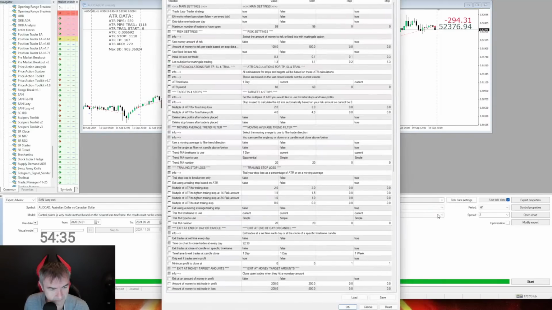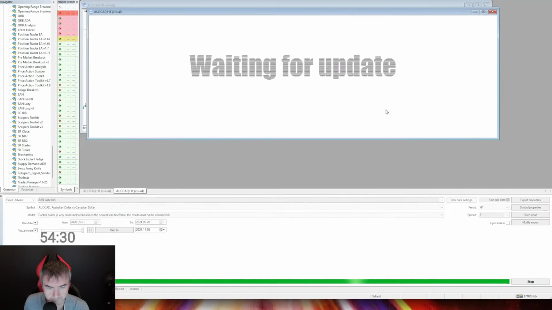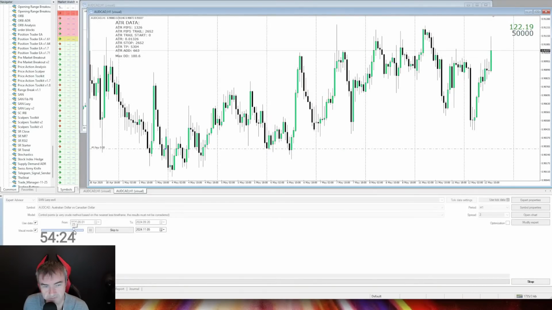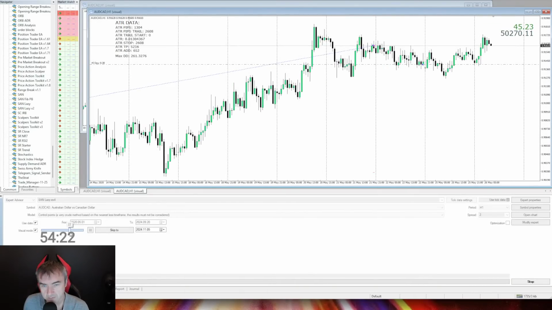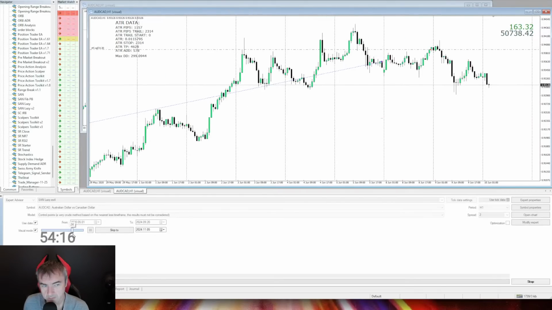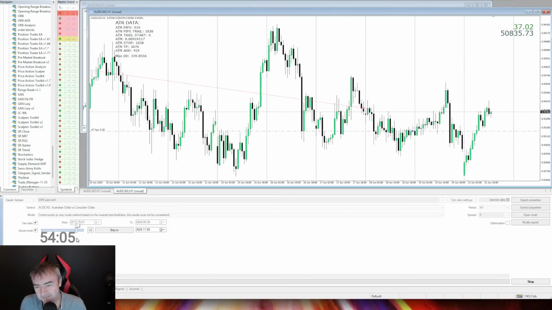So let me just check I'm using the right EA here, because that's bizarre. Just going to do a visual test to make sure it's doing what it should be doing. This is the wrong EA. Right, okay. That explains why it's working, because it's not using a fib.